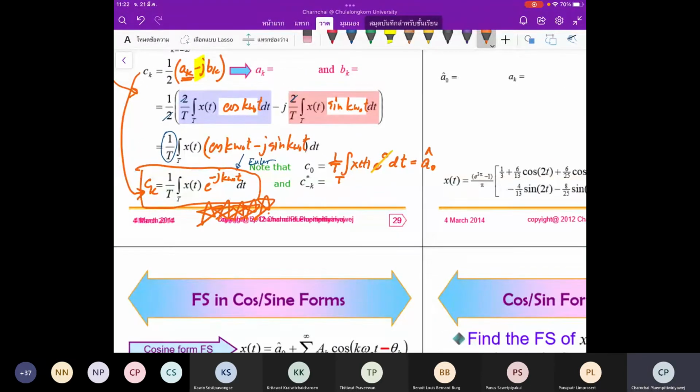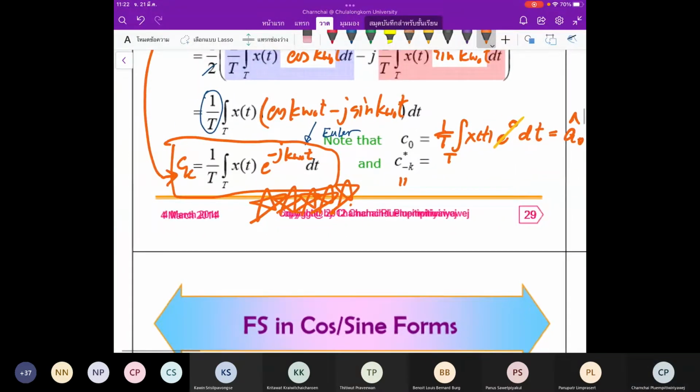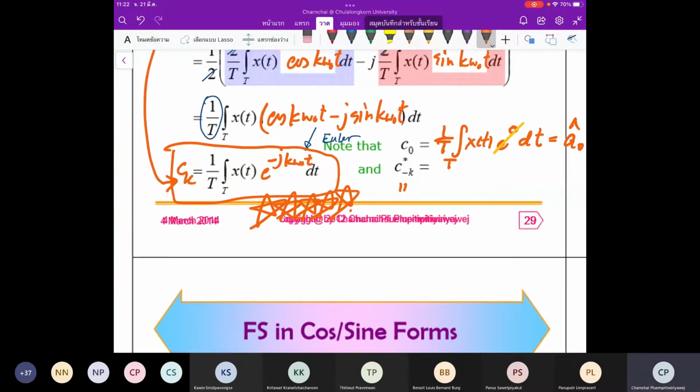Now, what is c conjugate negative k? So we put in here 1 over T integral over one period T of x(t), and then you take the conjugate and make the negative k. Remember, x(t) is real, so it doesn't matter if it's conjugate or not.